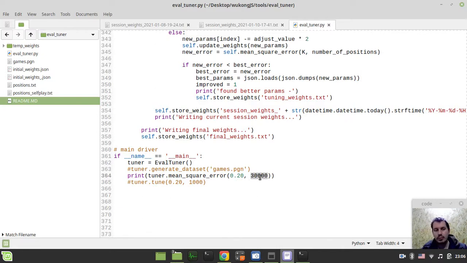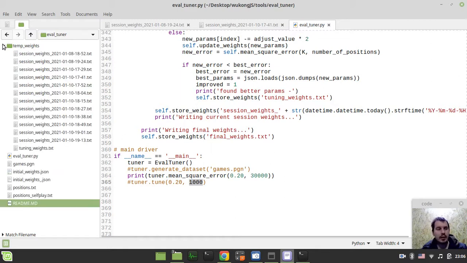But anyway, that was too long, and I tried this with the self-play games, and this actually resulted in much worse results. So I dropped that completely and went back to using supervised learning, not reinforcement, using the GM 2600s positions extracted from that PGN file, and dropping back to only 1,000. And then here you see there were quite a few sessions.